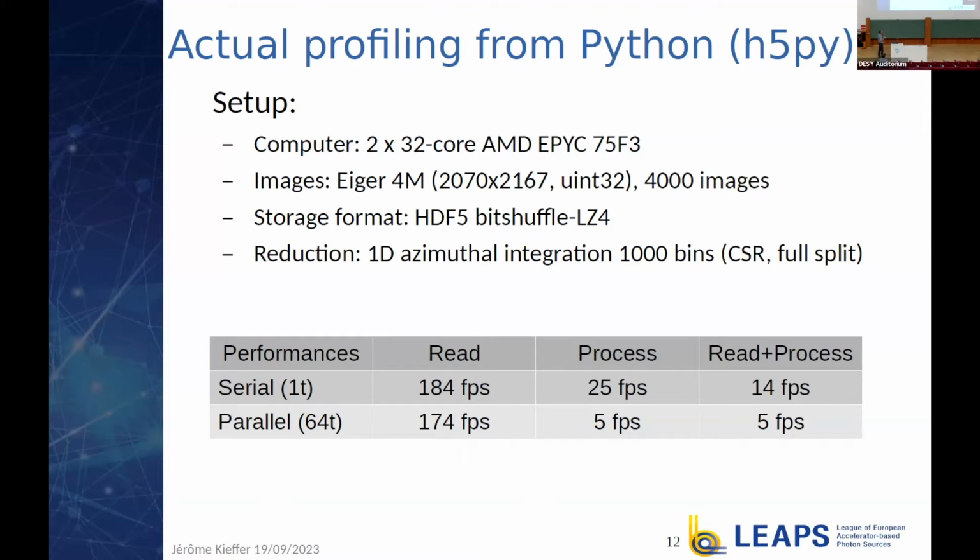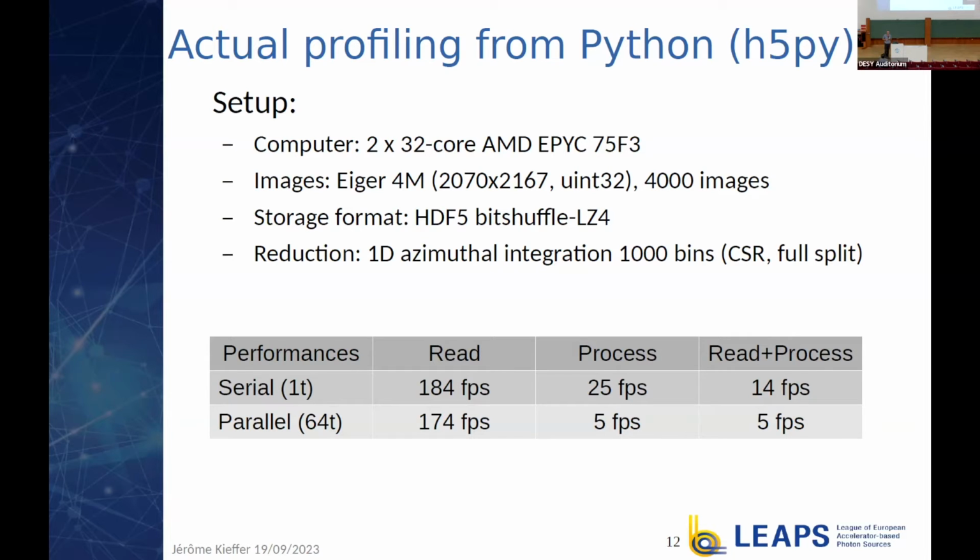Looking at the performances, having everything in parallel, so 2 times 32 cores, for the processing I get 5 frames per second. That's not exciting. The reading, 170 frames per second. And what if I disable the parallelism completely with OMP_NUM_THREADS equal 1? I get much better results.